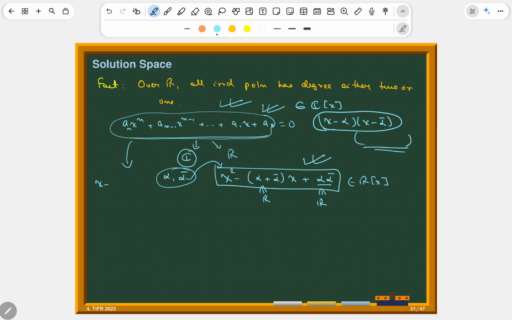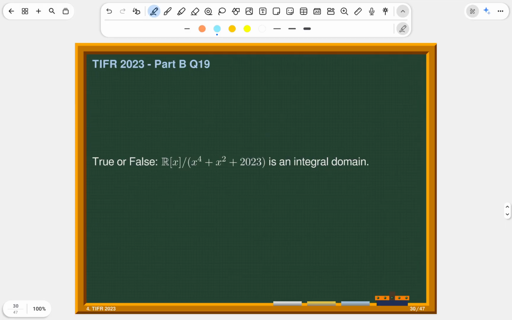So therefore, any polynomial of degree greater than 2 will always split into a linear factor or a quadratic factor, depending on whether it has roots in C or in R. So therefore, you cannot have an irreducible polynomial of degree more than 2 at all over R. So therefore, this polynomial is surely reducible.